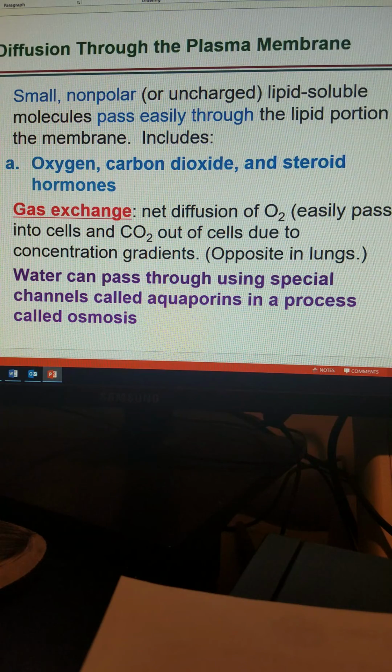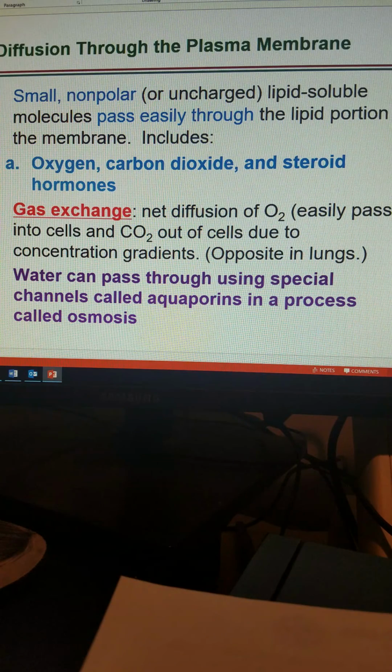Alright, diffusion through a plasma membrane. What are some things that pass easily? For your test purposes, it'll be small, nonpolar, which means uncharged, lipids that are going to pass through there, such as oxygen, carbon dioxide, and steroid hormones.